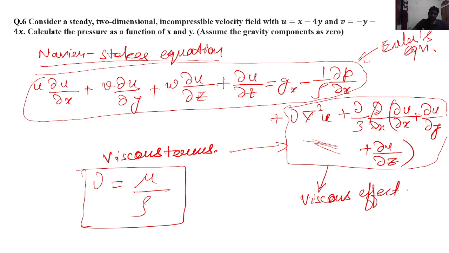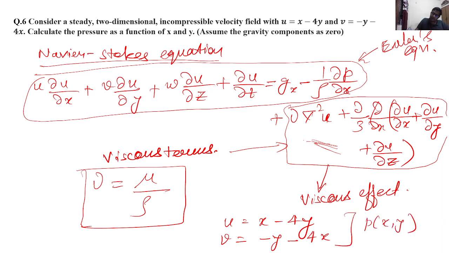Now coming to the question, consider a steady two-dimensional incompressible velocity flow with u equal to x minus 4y and v equal to minus y minus 4x. We need to find the pressure as a function of x and y, assuming that the gravity components gx and gy are equal to 0.